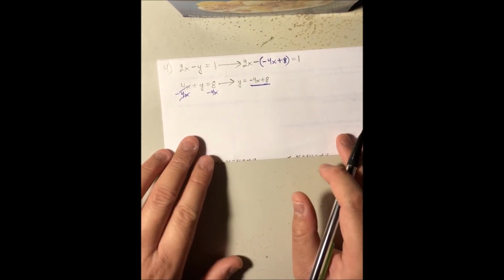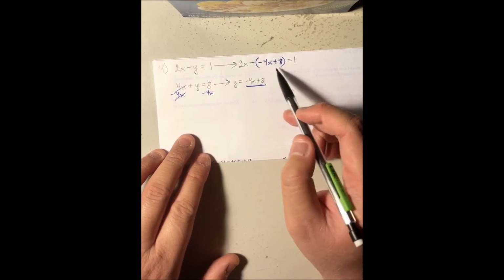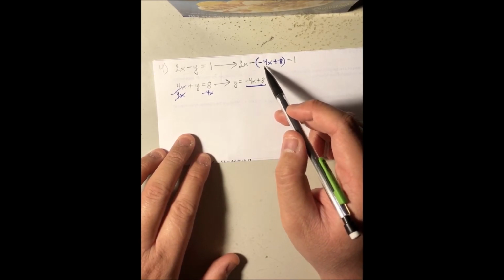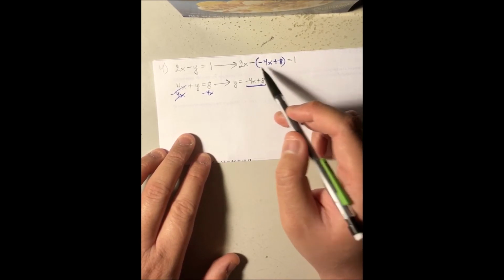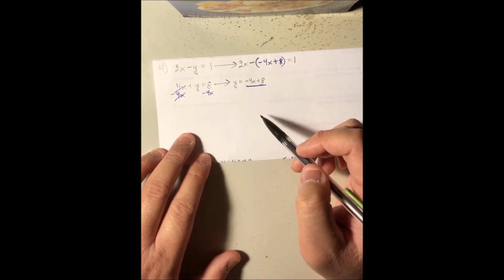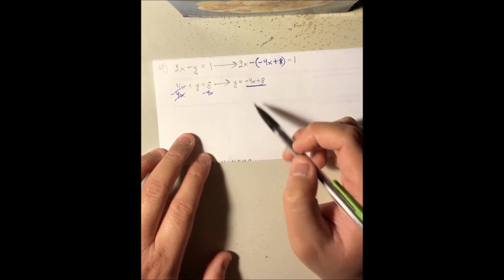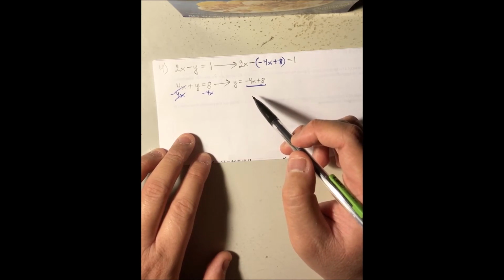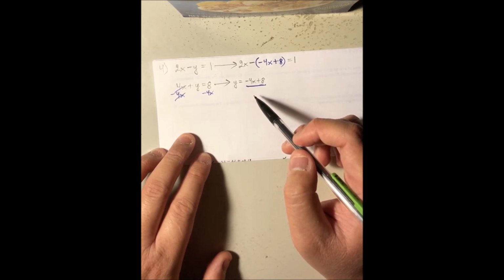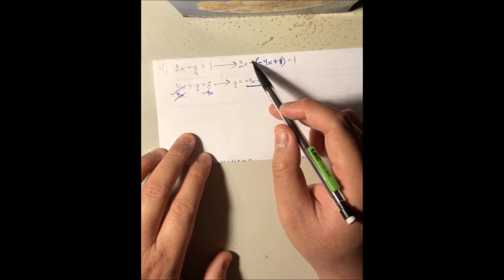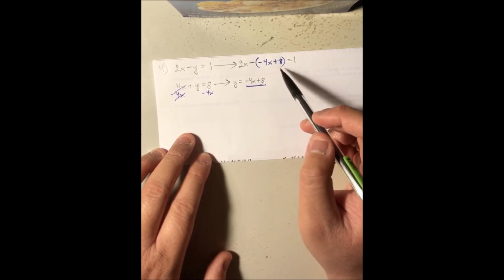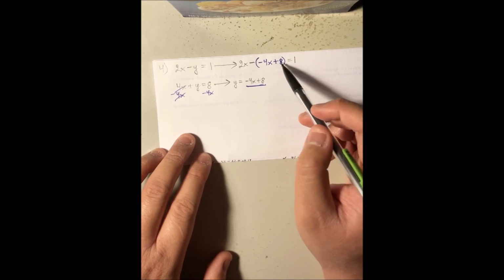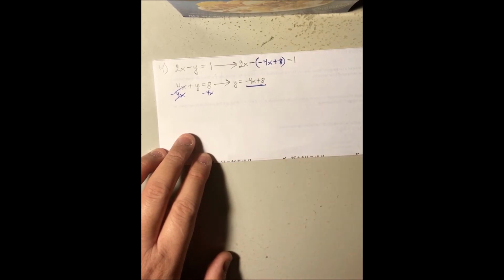Now, it's very important to put whatever you're substituting in parentheses, especially when you have a minus sign on the front, because the minus sign on the front usually represents an invisible negative one. So regardless of whether you have a minus or plus, always put whatever you're substituting inside parentheses so that you can make sure your calculations are not wrong.